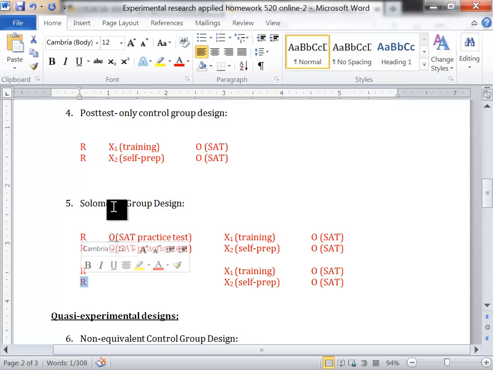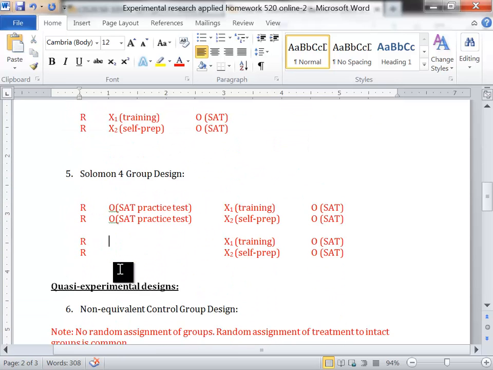You have the pre-test, post-test design here, and you have the post-test only control group design here. So you are able to take into account whether or not there has been a testing effect and address that, but you run into issues of numbers. So those are the different experimental designs.